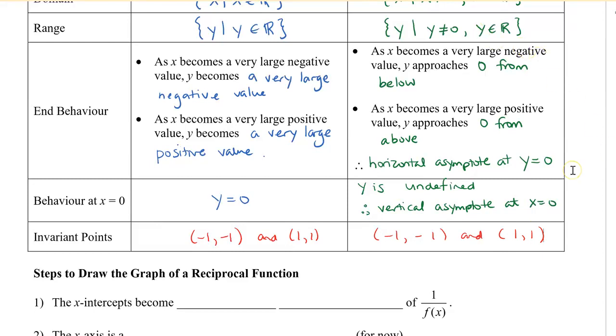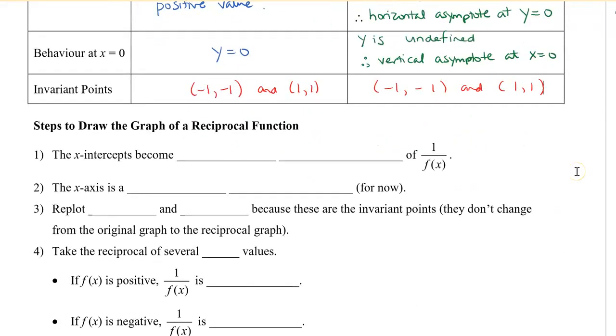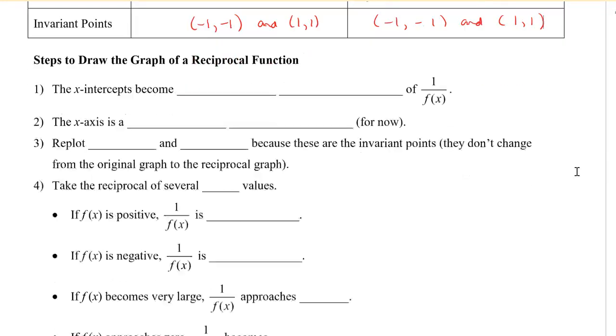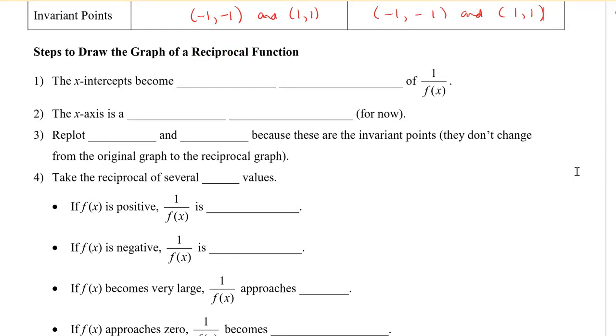So what I recommend that you do when you want to draw the graph of a reciprocal function is to follow these steps here. So I like to always draw the original graph first. So draw the original graph, okay? And then what you're going to do is do some, I guess we can call them transformations. So what happens is the x-intercepts, because they're going to become reciprocated, and if x is 0, then they're going to become vertical asymptotes.